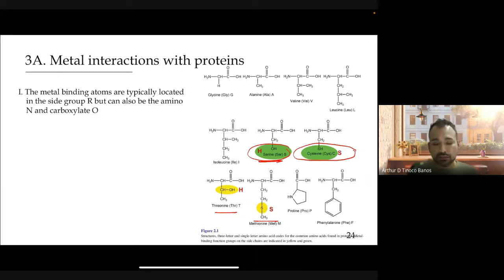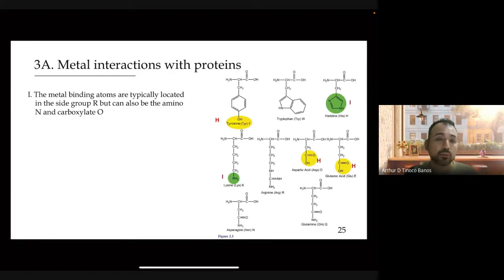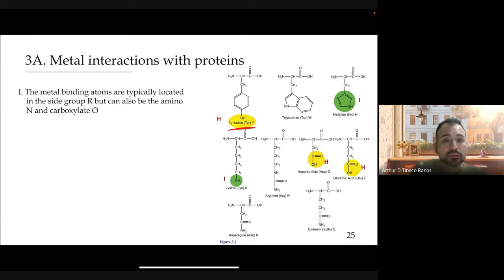Here is another set of amino acids where we will potentially find metal interactions. With tyrosine, that's a really common one, where metal can bind to the oxygen. Histidine can bind to either one of those nitrogens. In histidine, nitrogen is between intermediate and hard, typically considered an intermediate site. That's one of the reasons why histidine plays a really important role in biochemistry in facilitating acid-base type catalysis.